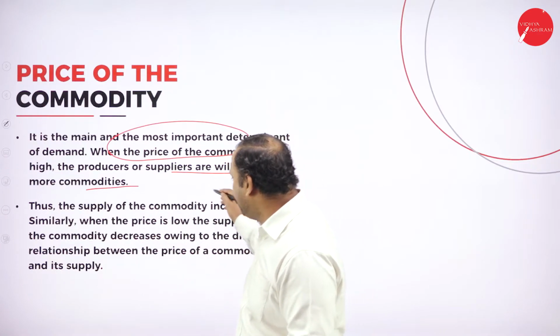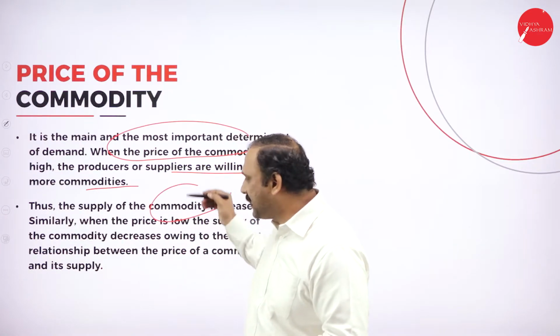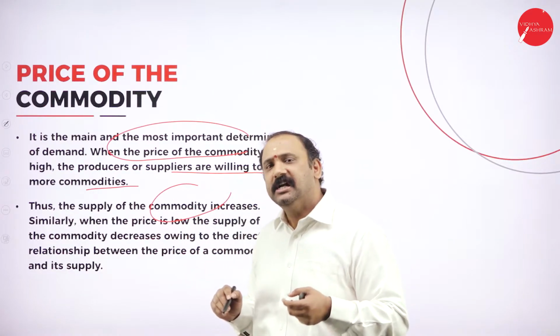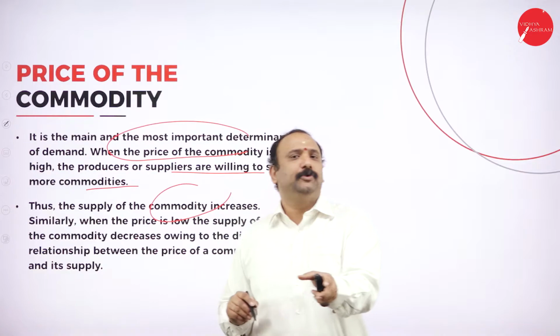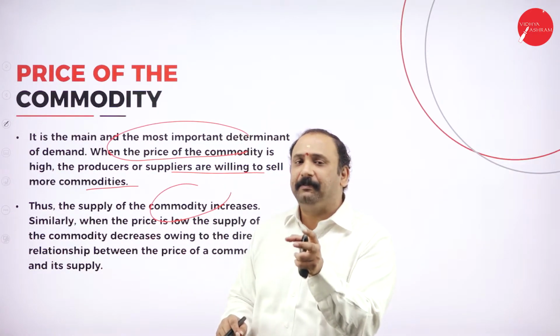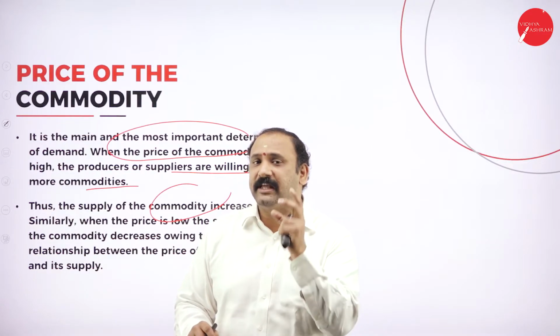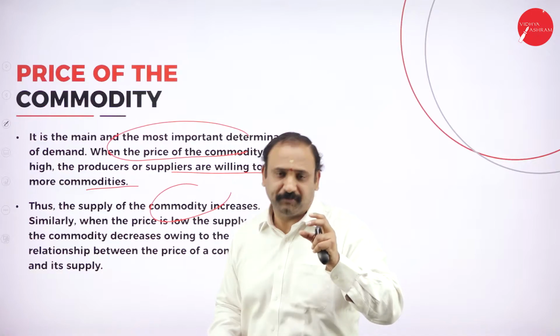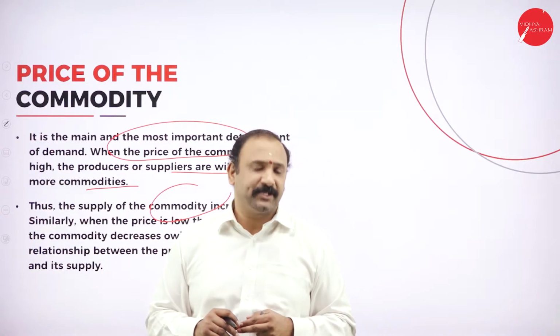And now, the supply of a commodity increases when the price goes up. When the price goes down, automatically the supply will also go down, because that is not favoring the producers. So supply is a direct replicant of the price, like demand. But then what happens here is the movement of the commodity and the trend of the market start coming into the picture.